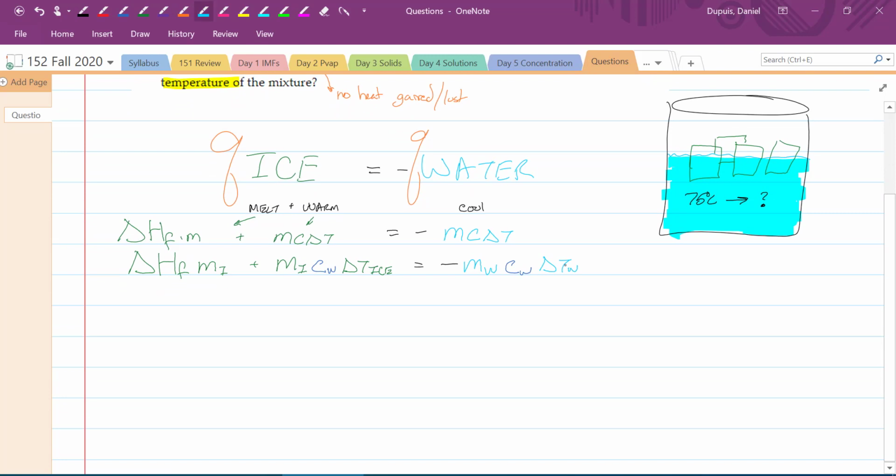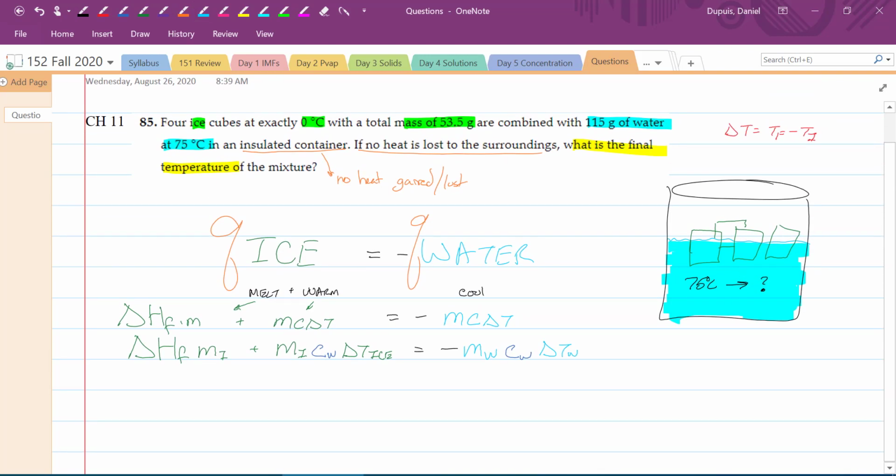So the delta T's are different, the m's are different, the c's, specific heat of water, is the same, and delta H_f. Now, we have to look some things up here. On the online homework, it gives you delta H_f, 6.02 kilojoules per mole, and it gives you c is 4.18 joules per gram per degree Celsius.